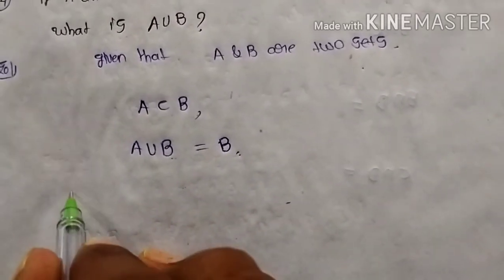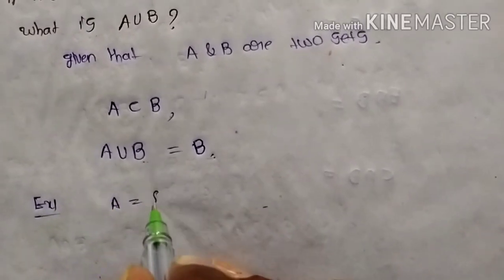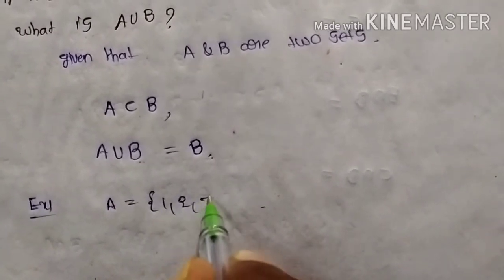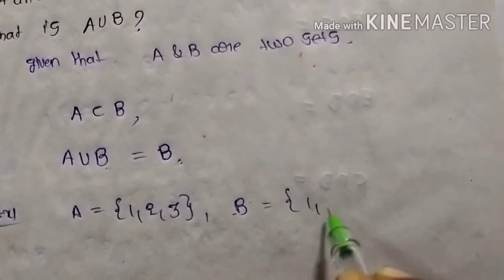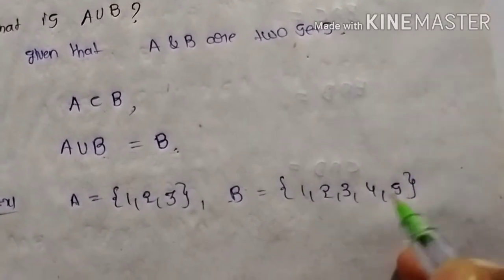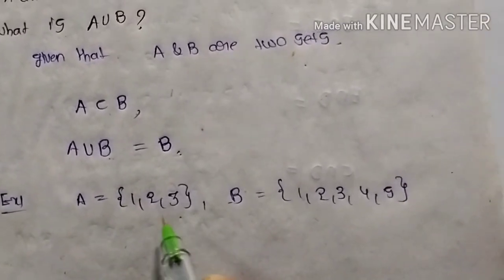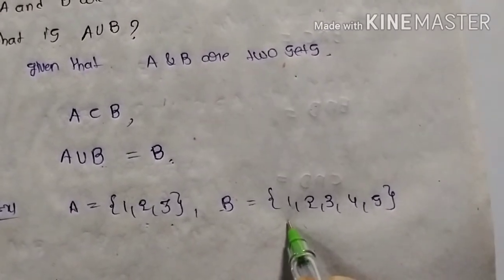Let me give one more example. For example, A is equal to 1, 2, 3. Next, B is equal to 1, 2, 3, 4, 5. See here, do all the elements of A belong to set B or not?